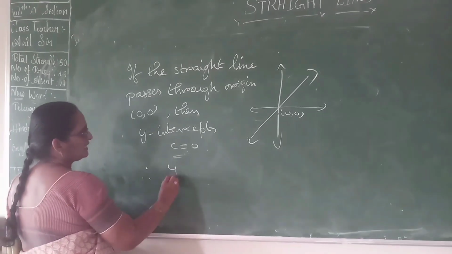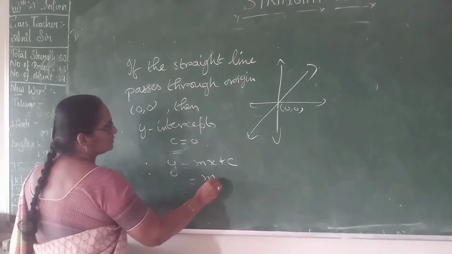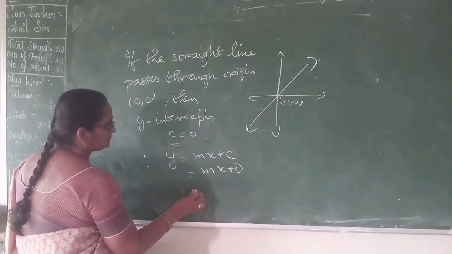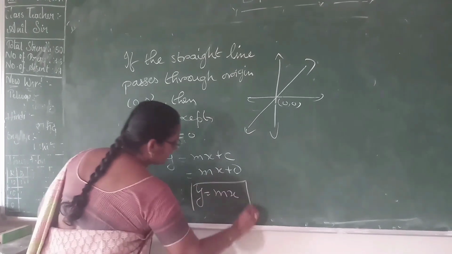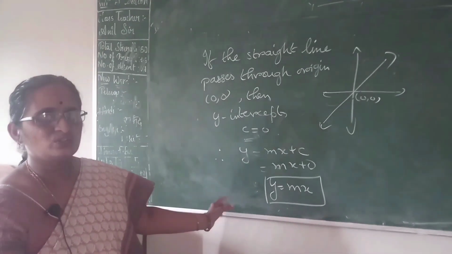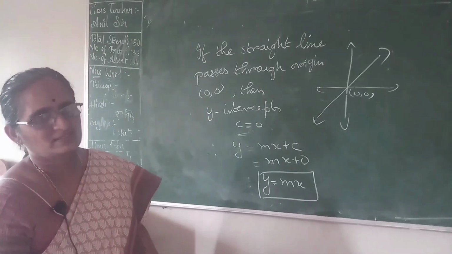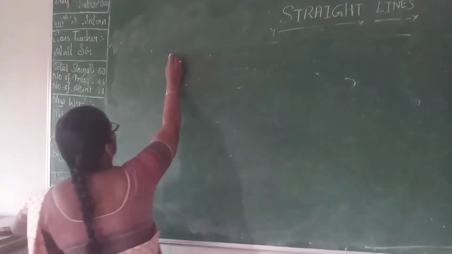Therefore, y is equal to mx plus c, which is equal to mx plus 0. That is, y is equal to mx. That means the equation of a straight line which is passing through the origin is y equal to mx. This you have to remember.